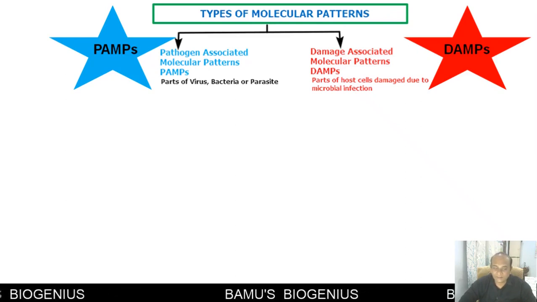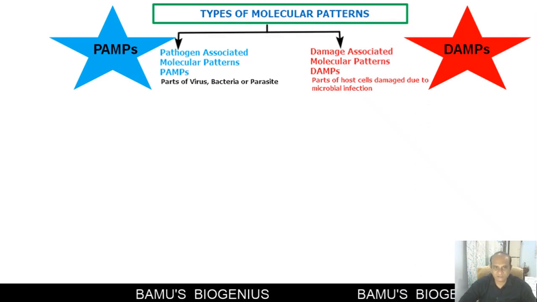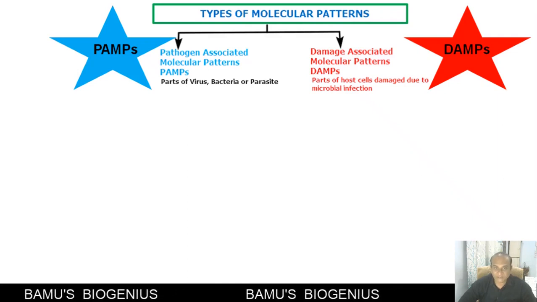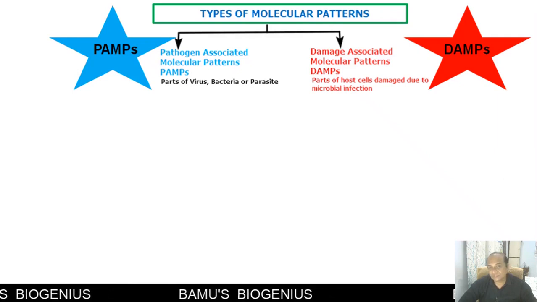These viruses or bacteria have particular structural signatures, structural features that are unique to these particular parasites. Those particular parts, or molecules, are called pathogen associated molecular patterns.